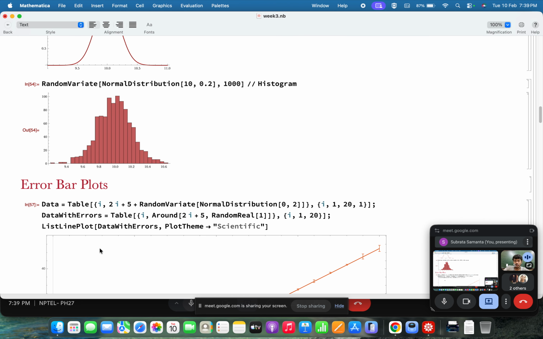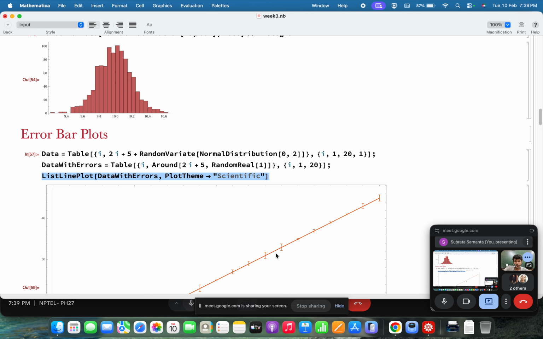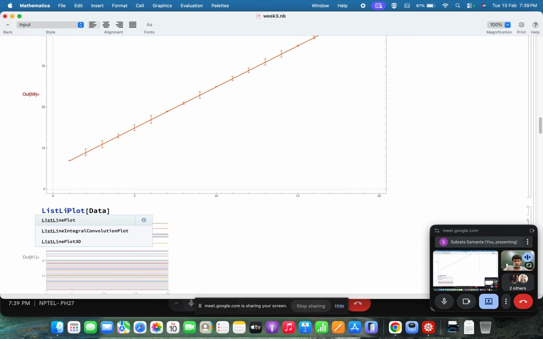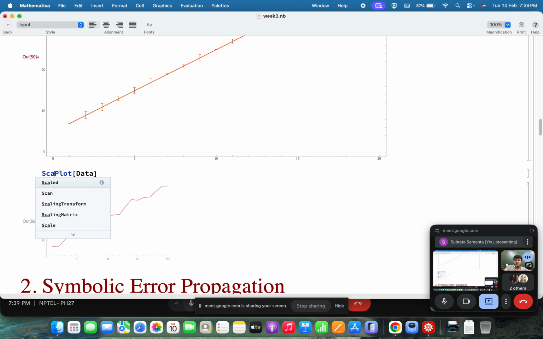No, this is a bad way to plot. Let us do this instead. Make a list line plot, that is good. You see, this is connected. You can also plot a scatter plot, I think it works.